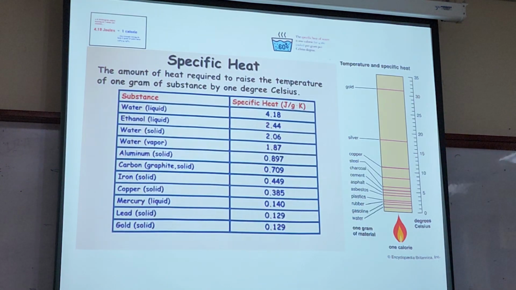Okay. Specific heat. It is the amount of heat required to raise the temperature of 1 gram of a substance by 1 degree Celsius, meaning that in order to increase the temperature before your thermometer can reach, the energy needs to be absorbed first by the water molecule.